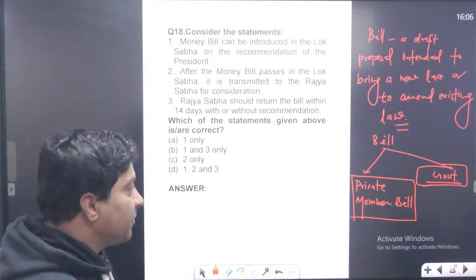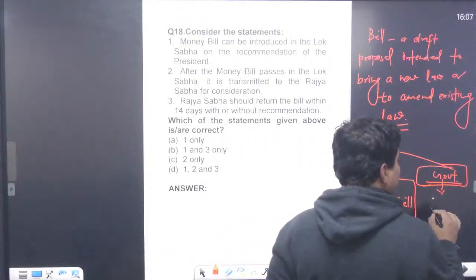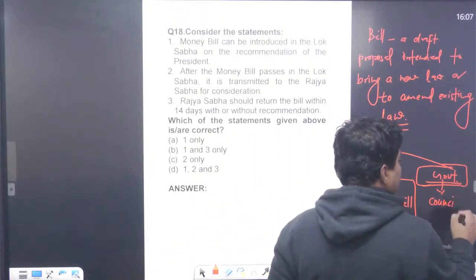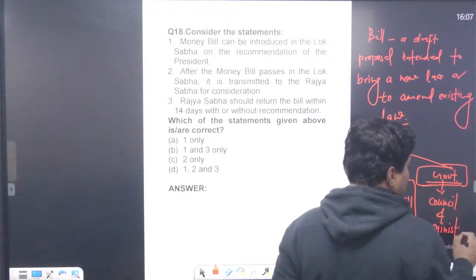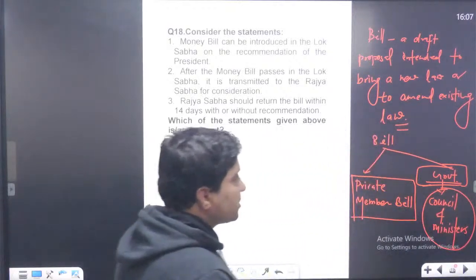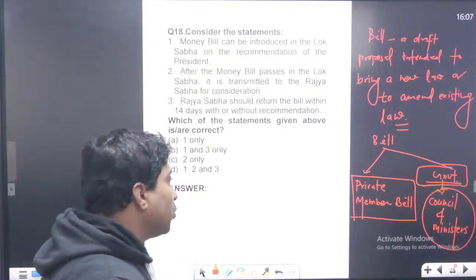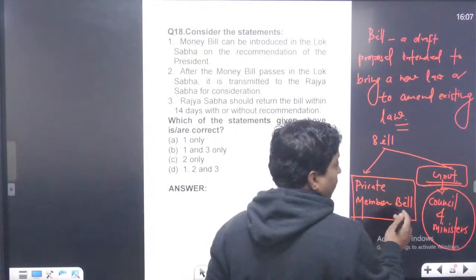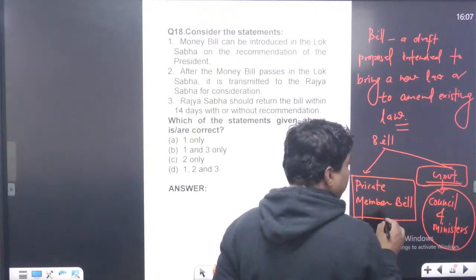Now, what is a private member bill? What is government? Government means the Council of Ministers. So those members of the House who are not members of the Council of Ministers are private members.